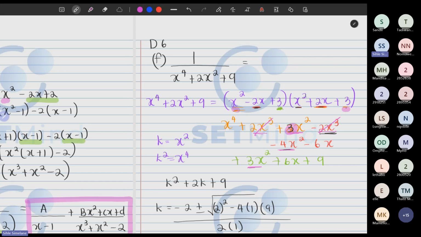Did we make a mistake elsewhere? Please have a look. The last one is the 3, 6, and 9. That's okay. Here we should have minus 2. Where is that minus 2x squared? For this, that would be cubed. Minus 2, it is that.